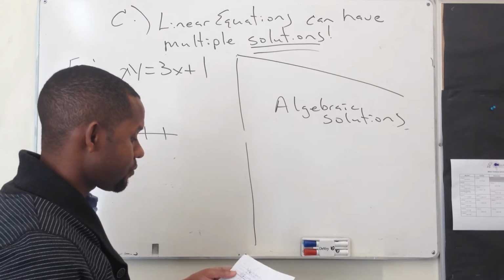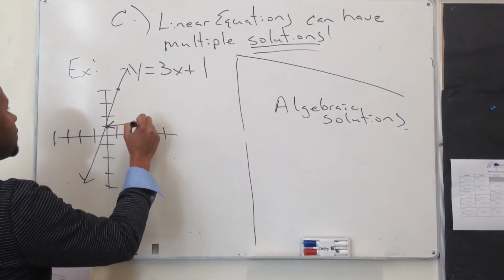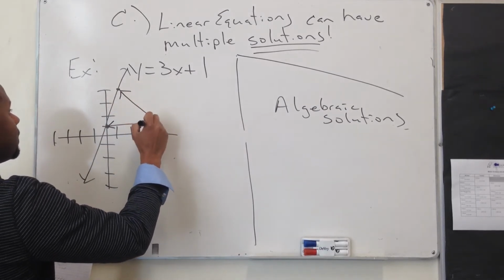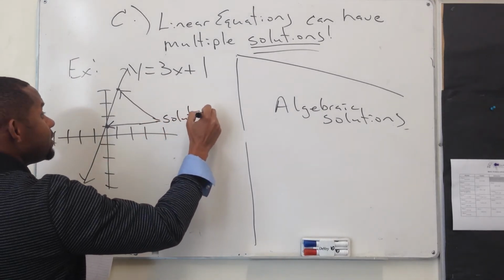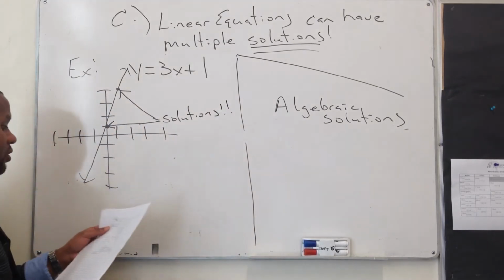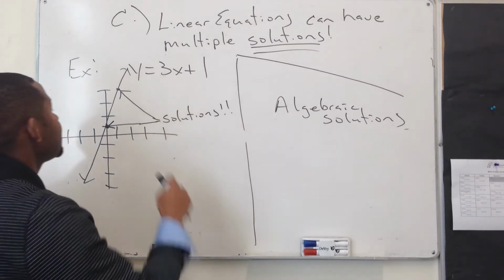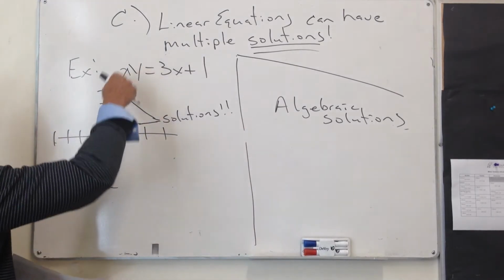Not yet. These 2 points, right here, and this point right here, both of those points are solutions to that line. The reason why they're solutions is because this point and this point are on this line.